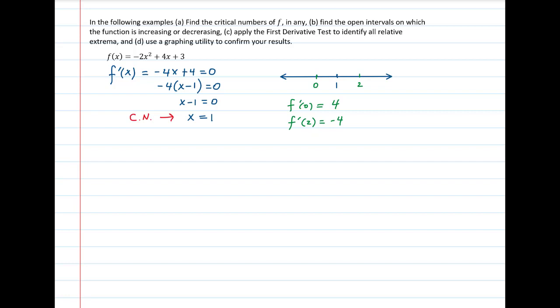We get 4 for f prime of 0 and negative 4 for f prime of 2. So we have positive and negative. The function is increasing coming from negative infinity to 1, and then after 1 it starts decreasing. Formally, using interval notation, f is decreasing from 1 to positive infinity and increasing from negative infinity to 1.